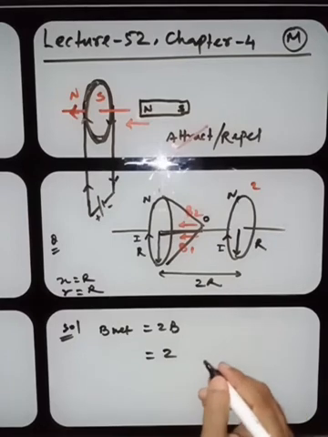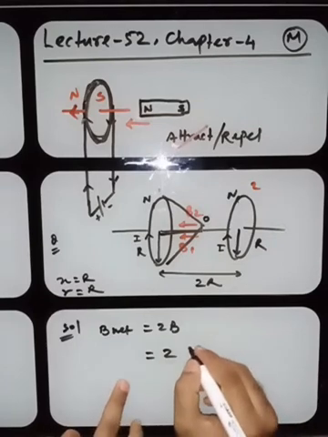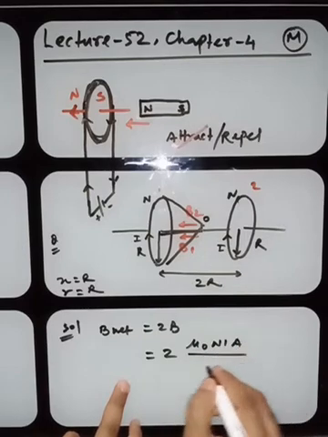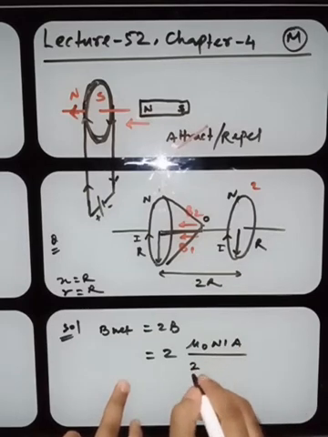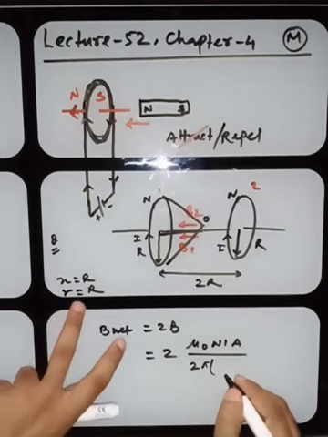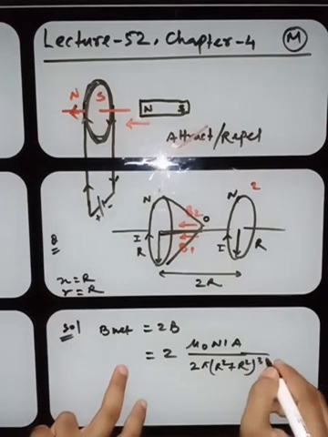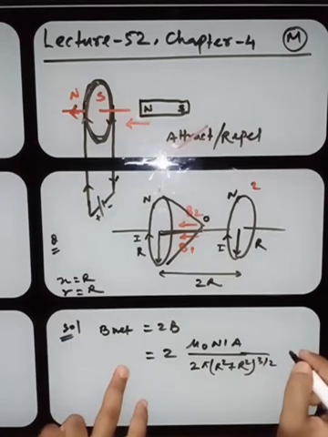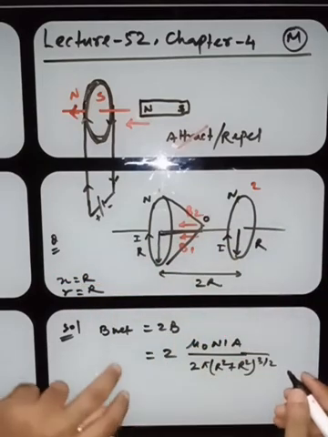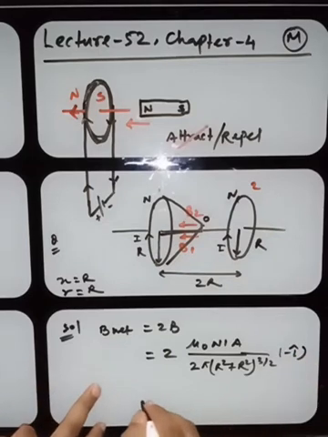It is B equals mu naught N I A divided by 2 pi (r square plus x square) to the power 3 by 2. Here r square plus r square we can write, and the direction we are getting for both coils is in the minus i direction.